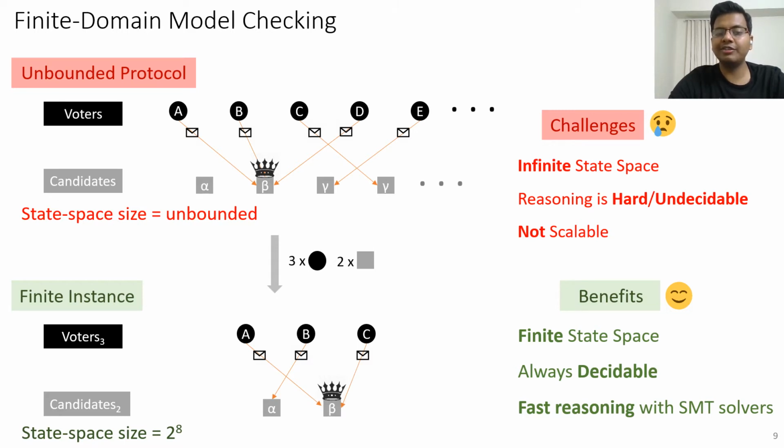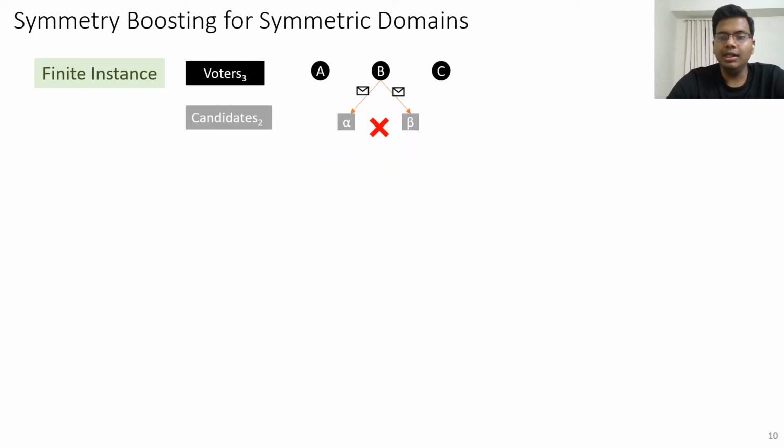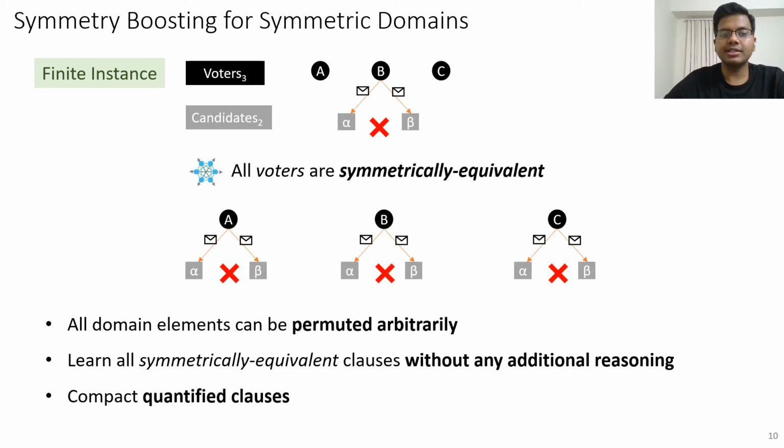Next, let's understand different regularities inherent in such distributed protocols. Consider the situation as shown here that says voter B cannot vote for both candidates alpha and beta. Since all voters are symmetrically equivalent, that is, all domain elements in such symmetric domains can be permuted arbitrarily without changing the protocol behavior, symmetry boosting applies all these permutations in a symmetric domain and learns all of these symmetrically equivalent clauses together.